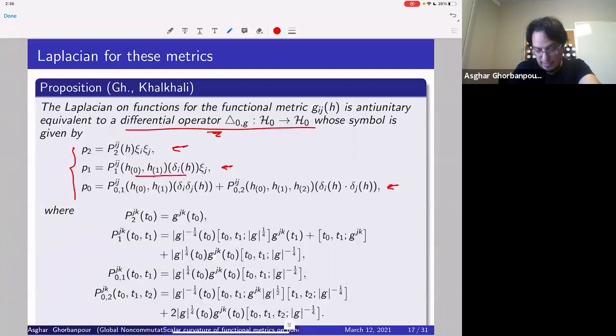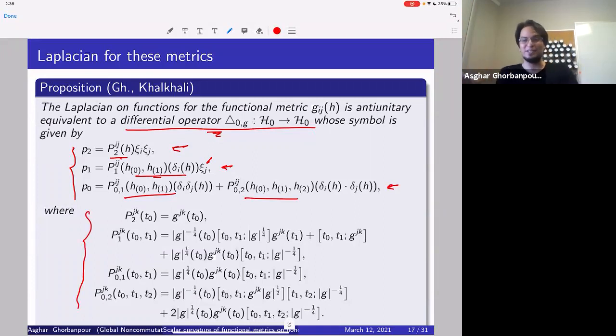So you see these c_i's are coming from R^d, but the rest are elements from A_theta, and those are given in contraction form. These can be calculated in terms of the metric that we started to work with, this functional metric.